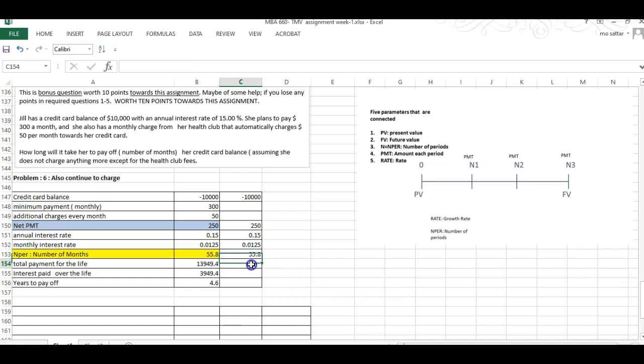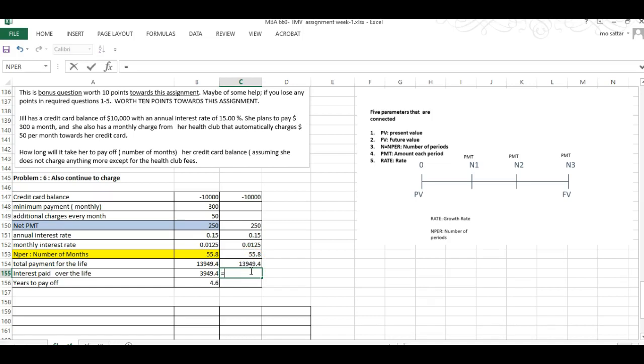And again, the total amount of payment she's going to pay is the number of months times $250, and that's the total amount she's going to pay over that period. And then how much interest is that?